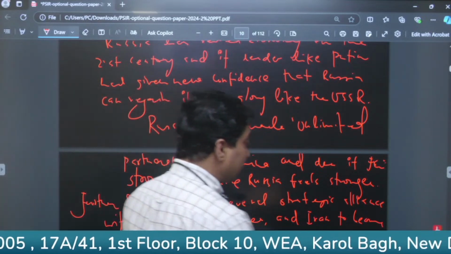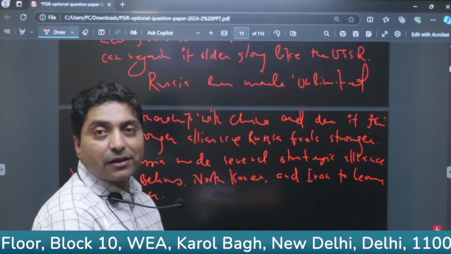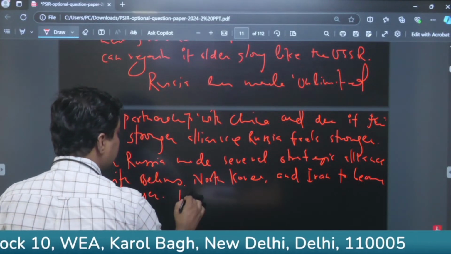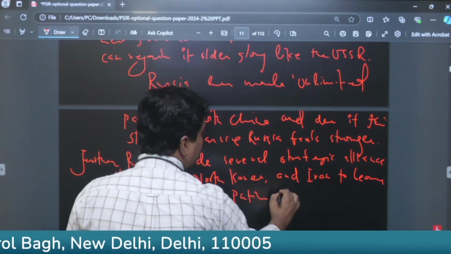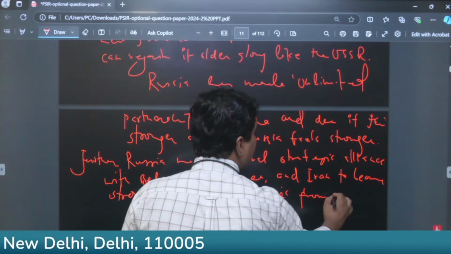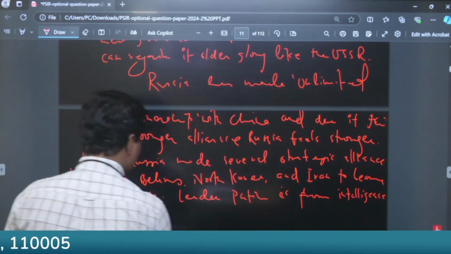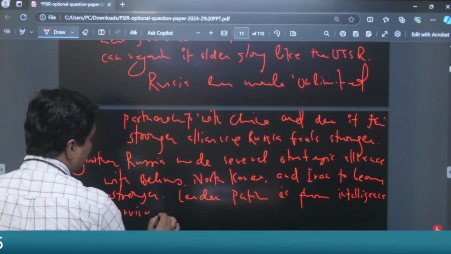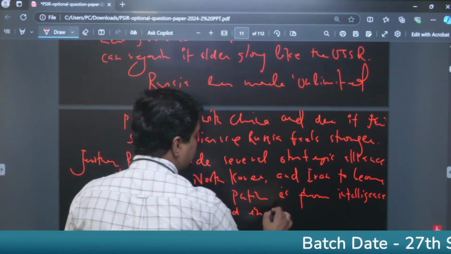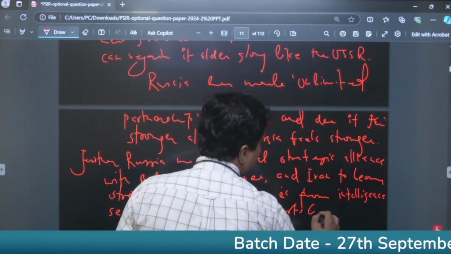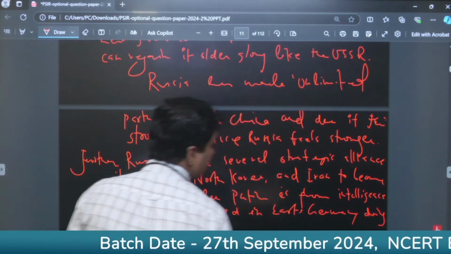Its leader Putin is from the intelligence services, who served in East Germany during the collapse of the USSR.